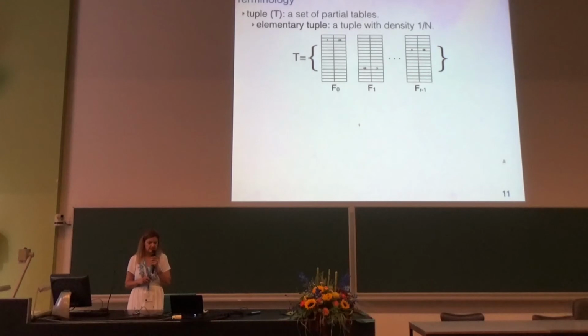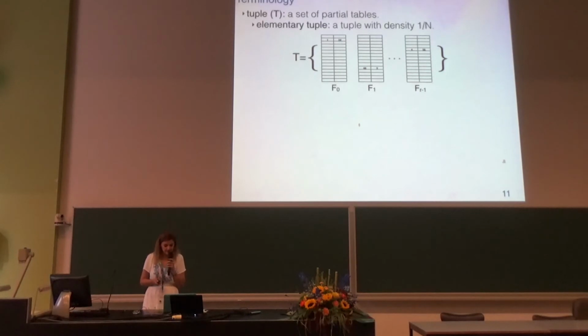This is basically a set of partial tables, introduced because of the R rounds of the Feistel network. Since I have R rounds, I expect to have R tables, so when I talk about a tuple, it will always consist of R partial tables. There is also an elementary tuple that I will start the algorithm with. It is a tuple with R partial tables, and each partial table has density 1 over n.